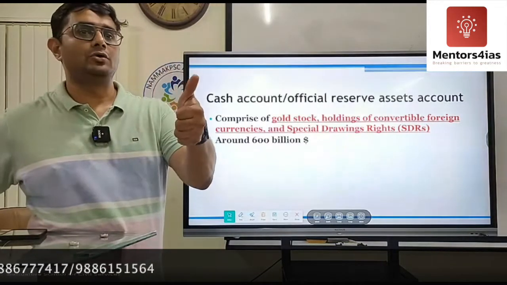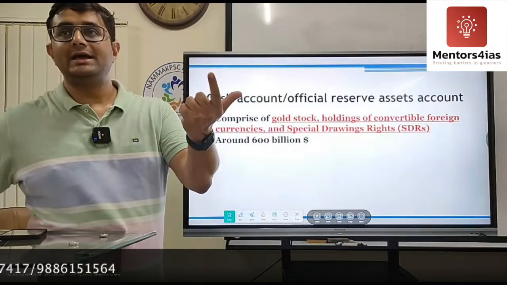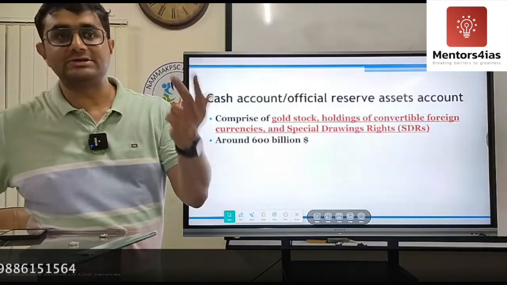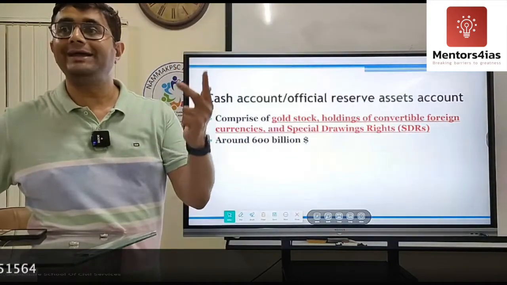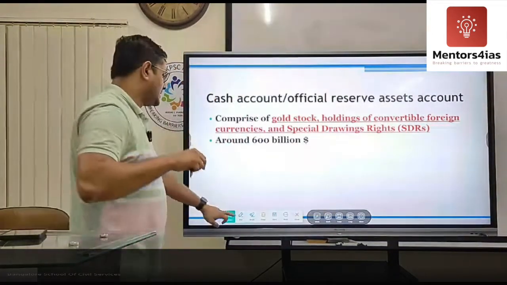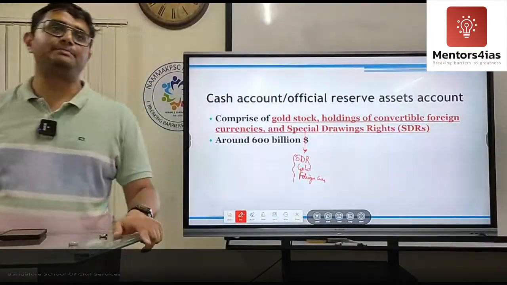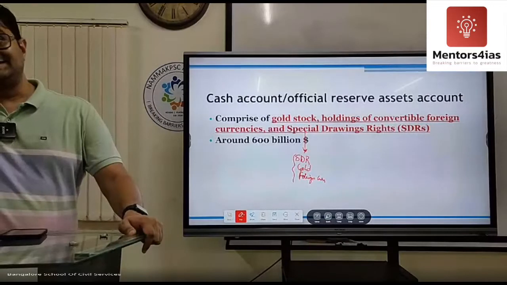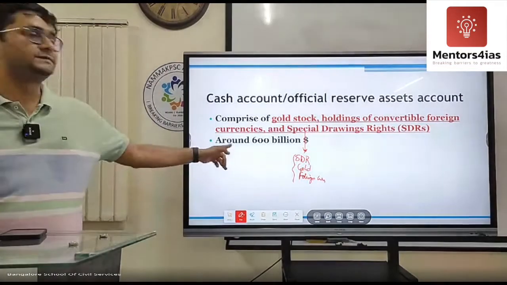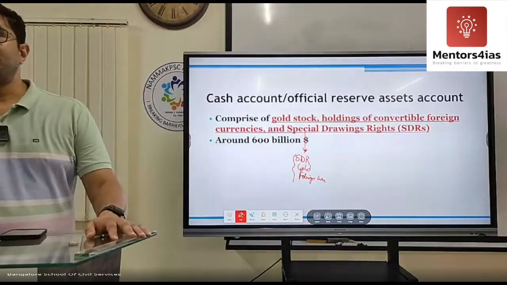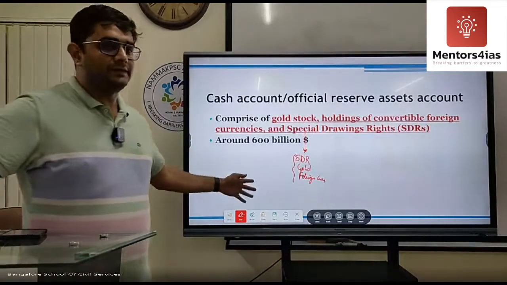What is that? Gold, foreign currency, and another international currency called special drawing rights, SDR. So when there is a surplus in our balance of payment, that surplus is transferred to this reserve. When there is a shortage, we'll have to use from this reserve.